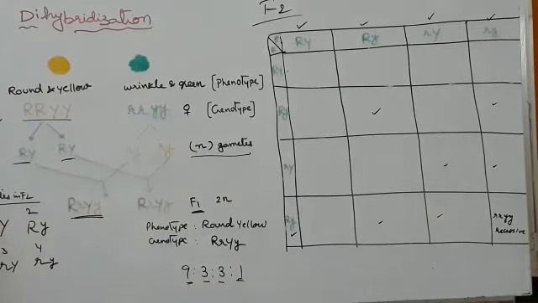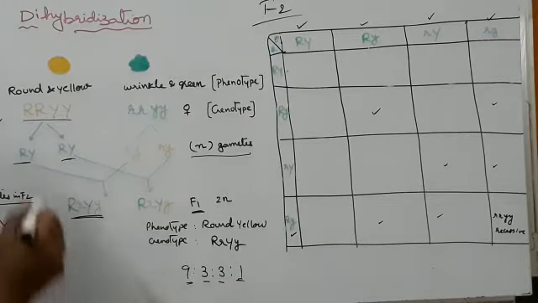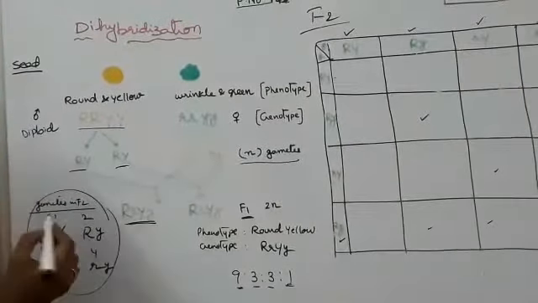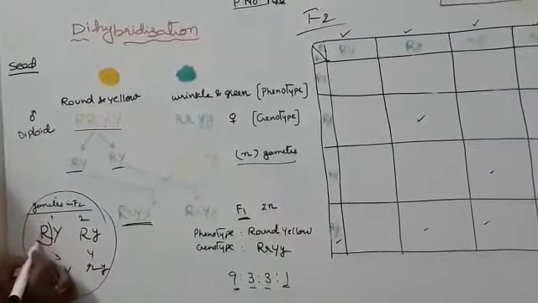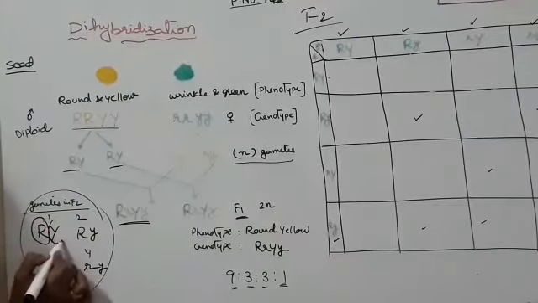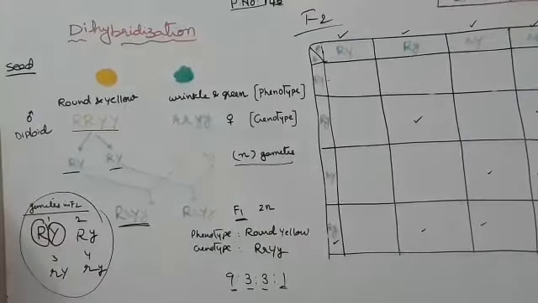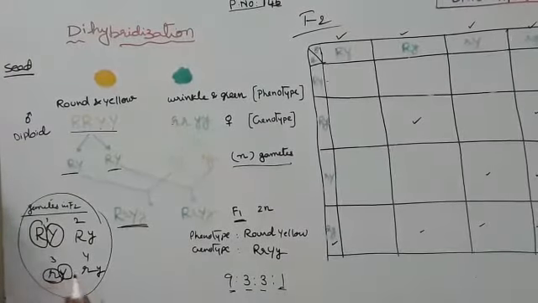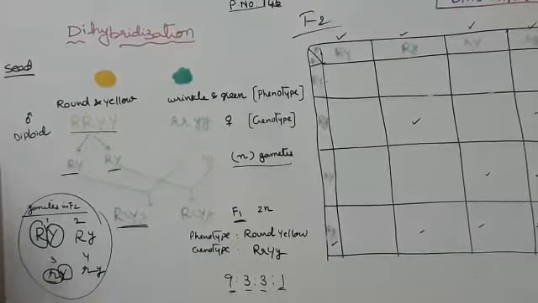This is the phenotypic ratio. This total, we call it dihybridization. So why is this dihybridization taking place? Actually, when the gametes are forming, what is actually happening? The round factor is getting separated from the yellow factor, and in the same way the wrinkle factor is getting separated from the green factor.